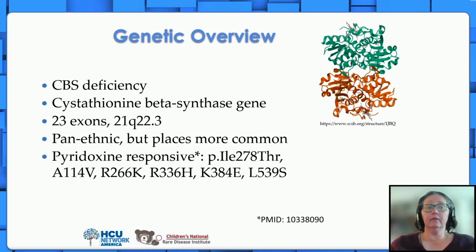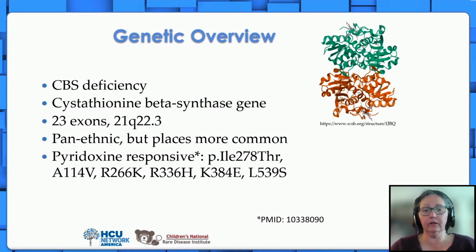As I said, cystathionine beta synthase is pyridoxine responsive. Pyridoxine is vitamin B6, and there are a number of common mutations that are seen, such that approximately 50% of the population is estimated to have this B6 responsive type of CBS.